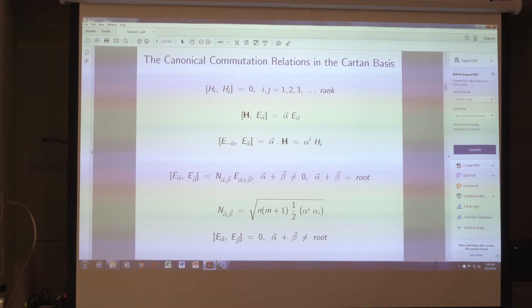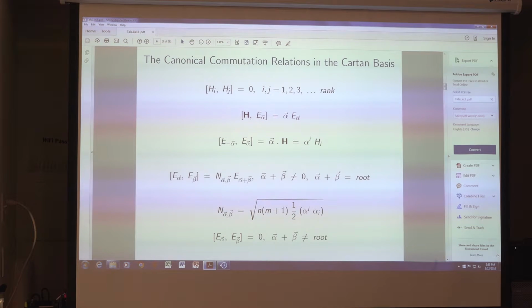But if you take two particles where the sum of the vectors is not a root, then they cannot interact. Physically, all the particles should belong to a representation of your Lie algebra. So when you say alpha plus beta is not a root, you're talking about two particles which will not add up to give something else? Yes, basically, in a pedestrian way.